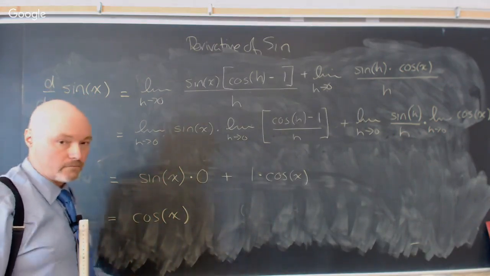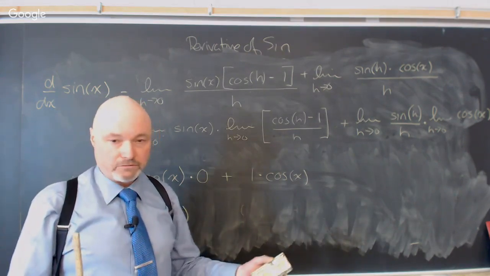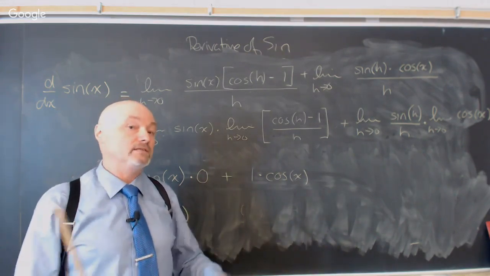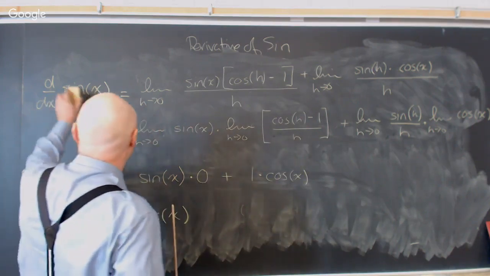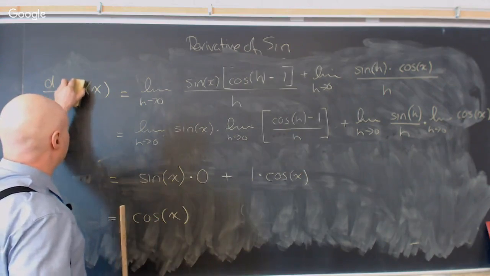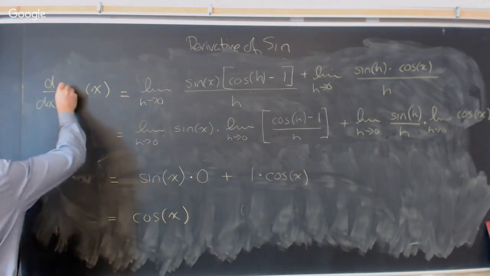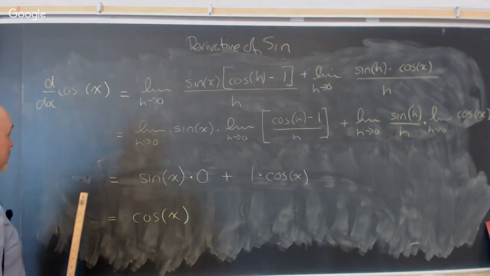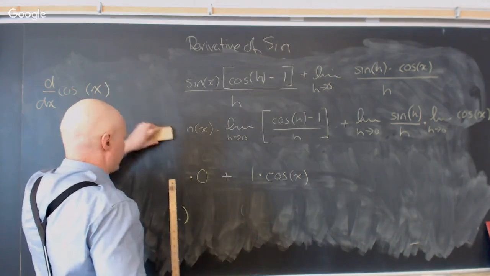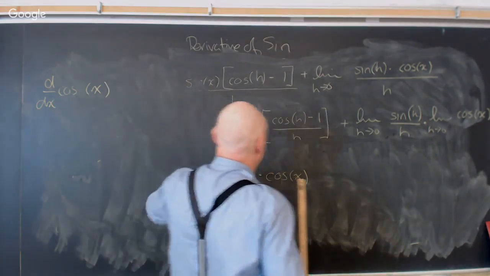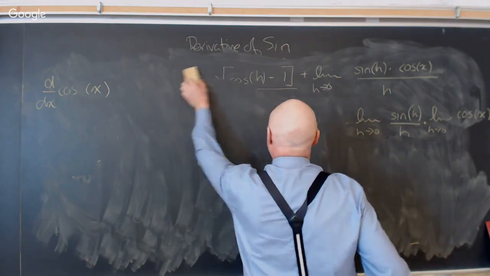Now all we need to do is find out the derivative of cosine of x, and the entire world of trig derivatives is unlocked. Simple harmonic motion, all that kind of stuff. So I'm very gingerly going to erase the sine x, and I'm going to take the derivative of cosine of x. And I can't do that because I don't know what the derivative of cosine is, and I don't want to go through all that work of doing the difference quotient again.